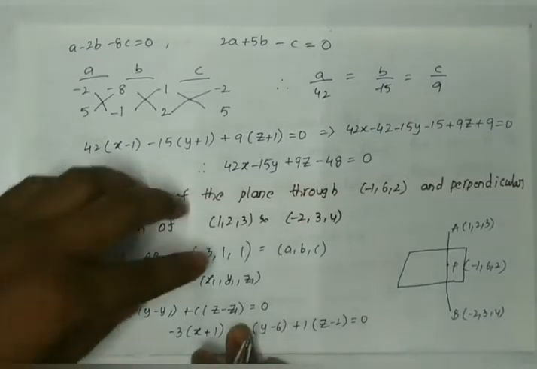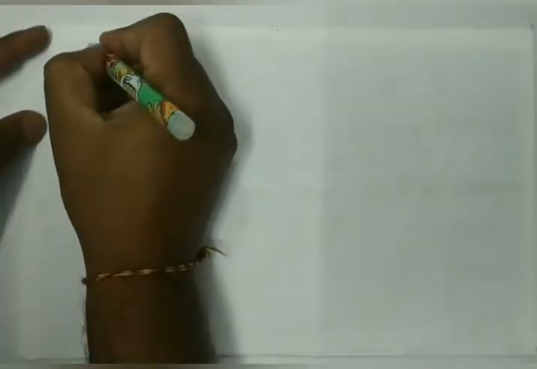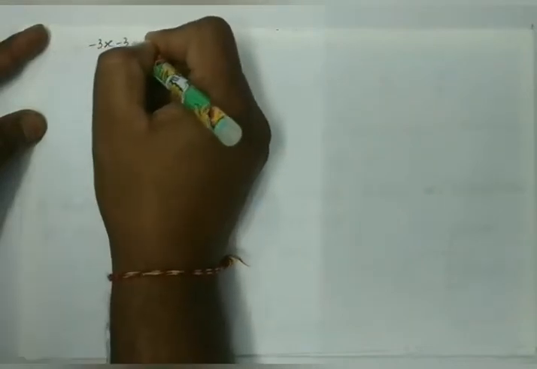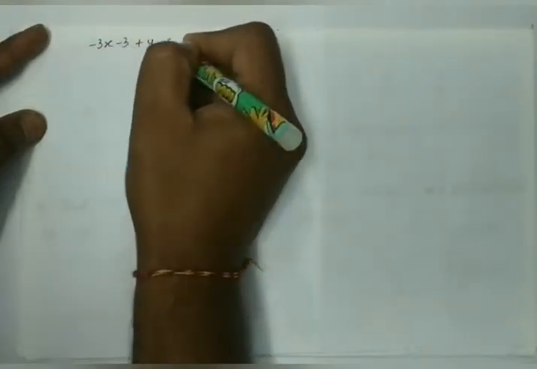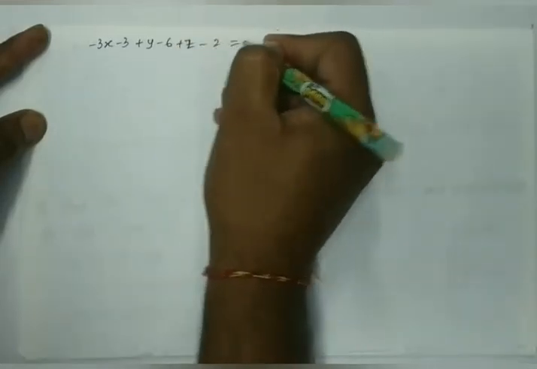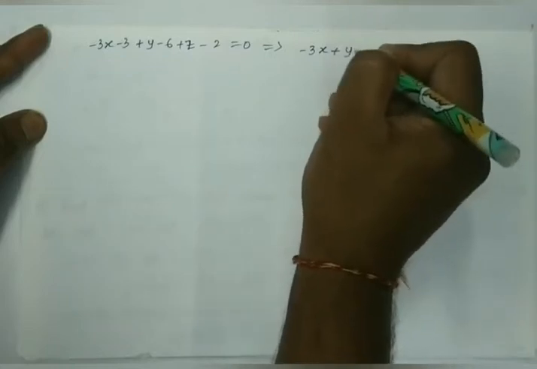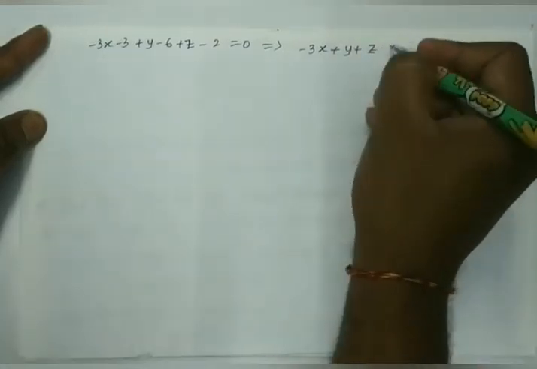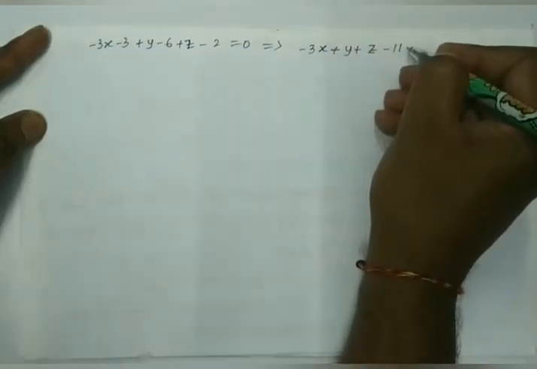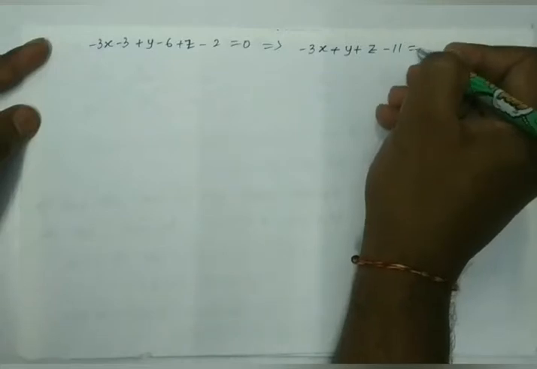So by simplifying this equation, we get -3x minus 3 plus y minus 6 plus z minus 2 is equal to 0, which implies -3x plus y plus z, minus 3 minus 6 is minus 9, minus 9 minus 2 is nothing but -11, is equal to 0.